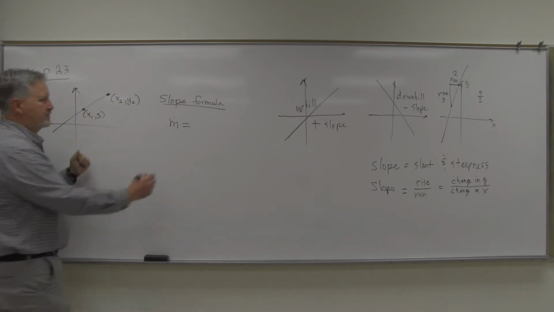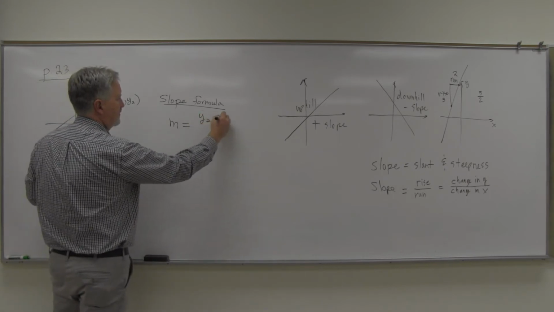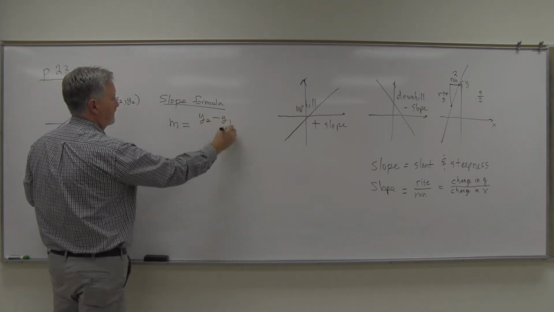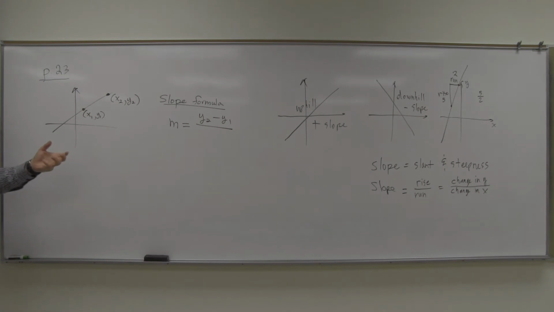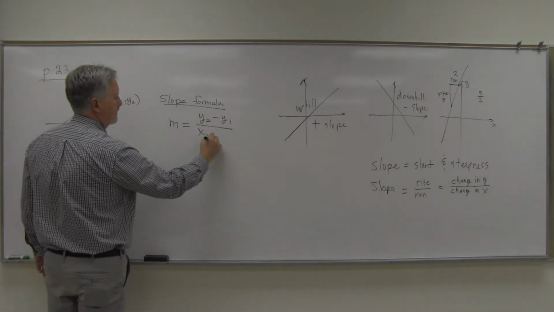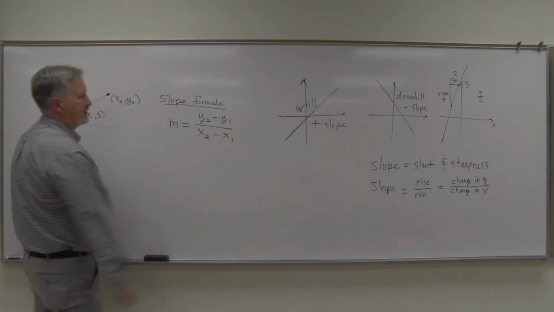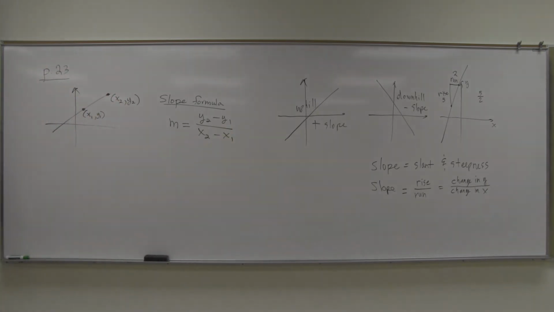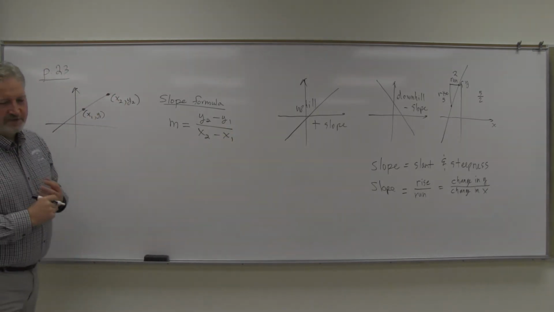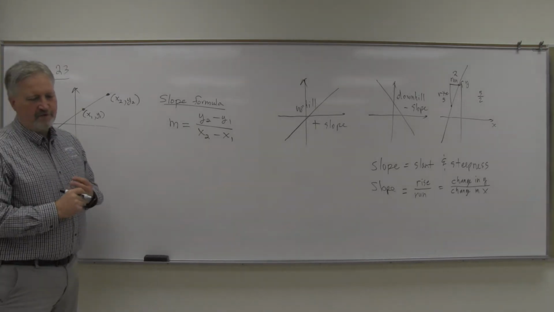That gives us our change in the y. Second y minus first y. And then the run, the change in the x, do the same thing for the x's. And so that is the so-called slope formula.